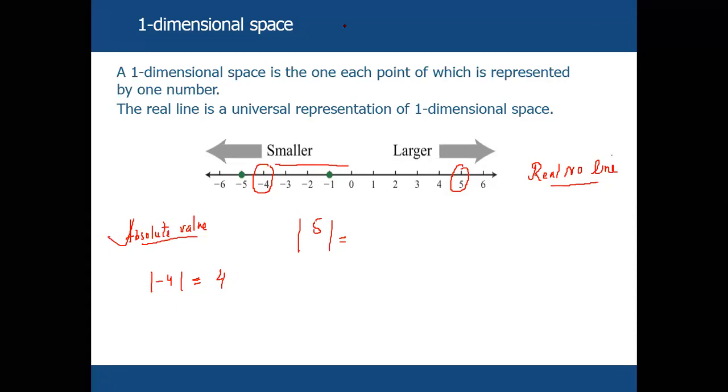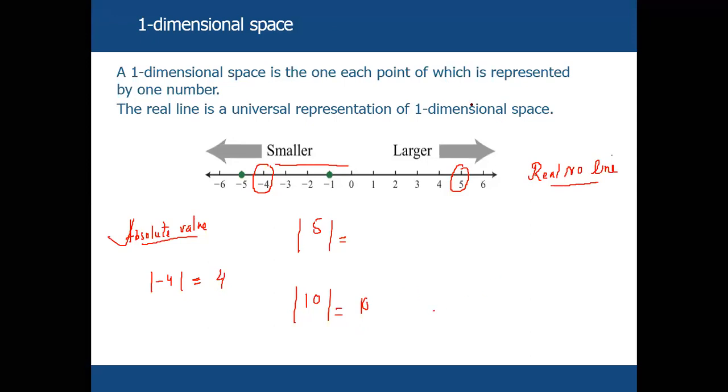Same if we have the absolute value of plus 10. It means how far plus 10 is from 0. What is the distance between 0 and plus 10? Distance is always positive, so this is 10.